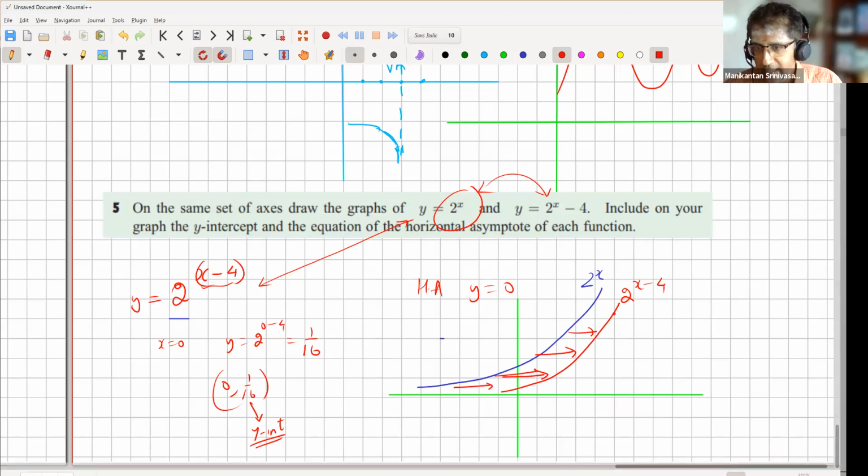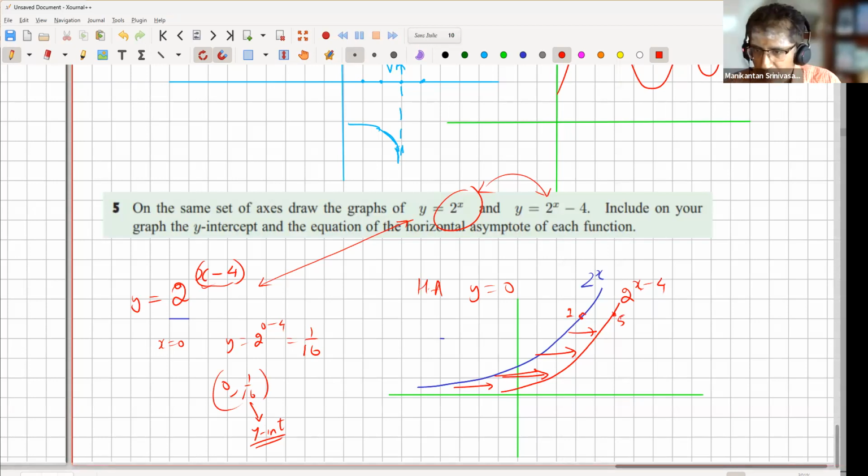So let's say x is 5 here, right? So effectively, it's the same behavior as 1 because 5 minus 4 is 1, right? If I put x equal to 5, it is as if putting x equal to 1 in the 2 power x, right? Which is why I shifted right.